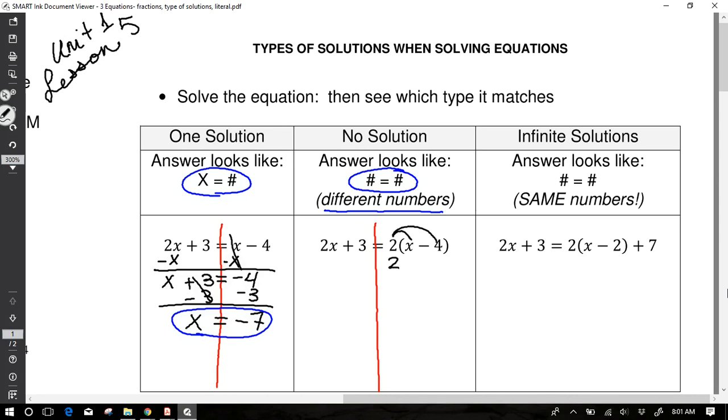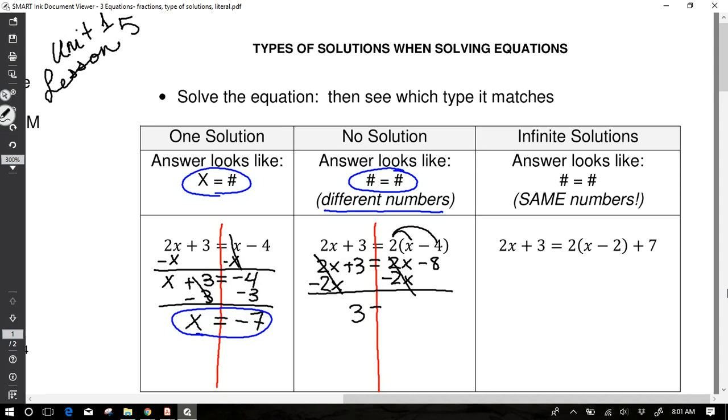So 2x minus 8. Let's bring down everything else from the left here. Okay, and so now I want to move my variable terms and put them on the same side. So let's subtract 2x from both sides. That cancels out, but so does this. 2x minus 2x is 0.